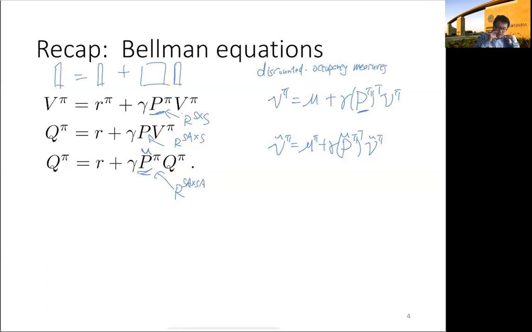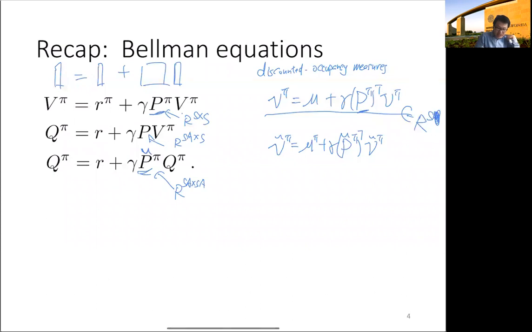So the discounted occupancy measures also satisfy Bellman equations, which look like the following. We derived this from first principle in the first two lectures. This one is on the order of S, because this is the state occupancy measure, and this mu is the initial state distribution.